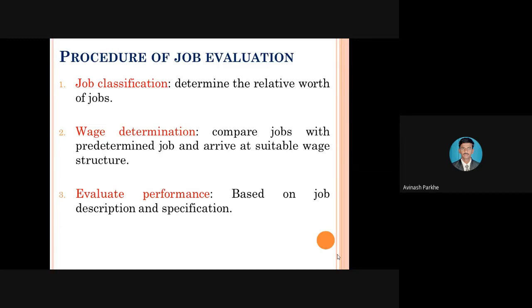Once the classification takes place, then we have to go for wage determination. Here we compare the jobs with predetermined jobs and arrive at a suitable wage structure. Sometimes the new jobs we have manufactured can be compared with predetermined jobs, that means two or three standard jobs available with you having good performance.